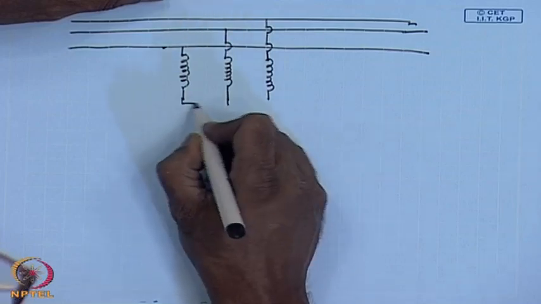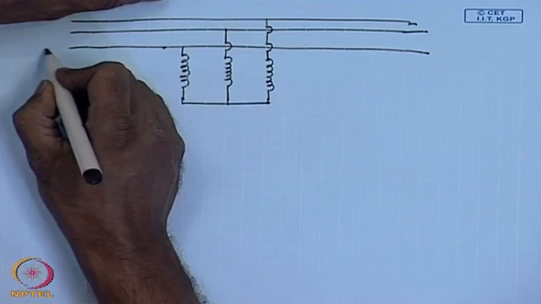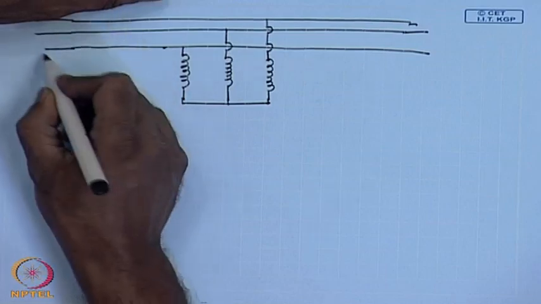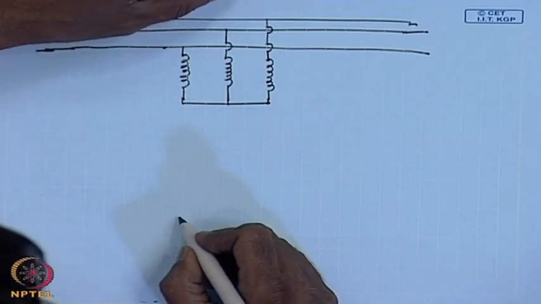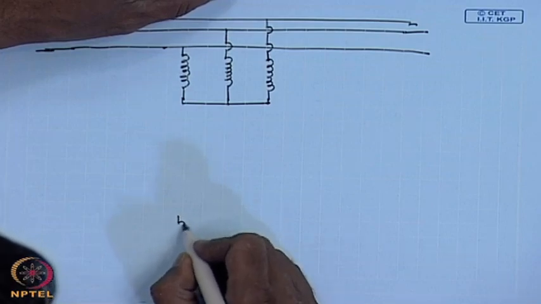This is one winding of one transformer, HV or LV.